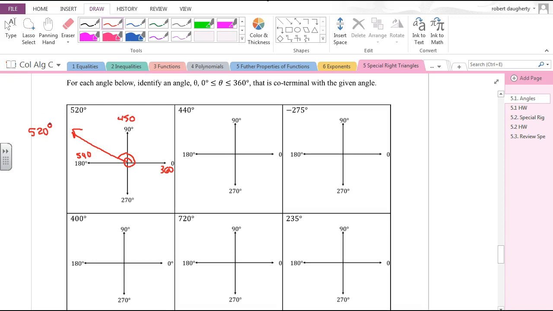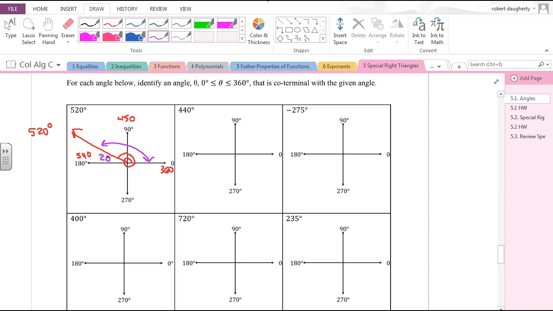Now, to find an angle that is coterminal between 0 and 360, what I want to figure out is what is the angle from here to here. If I were to start at 0 and get to this same side, where would I be? Okay. So if this is 520 and this is 540, what's this right here? This is 20. Okay.